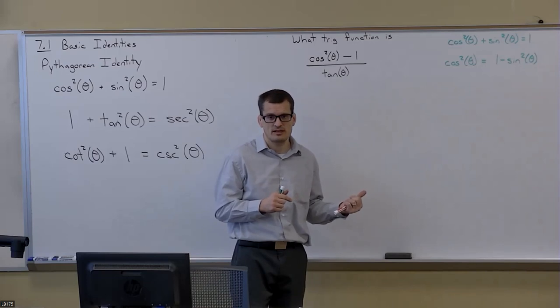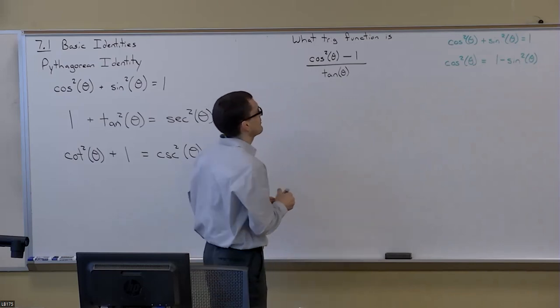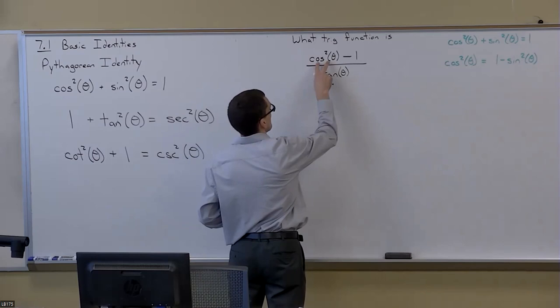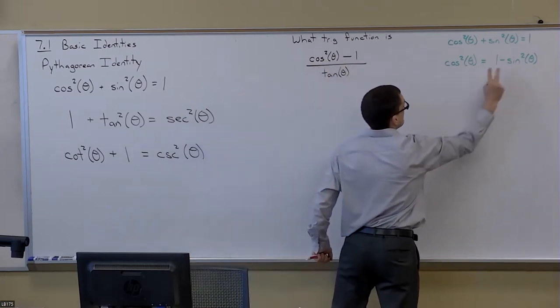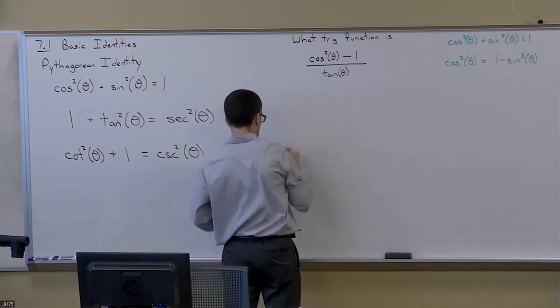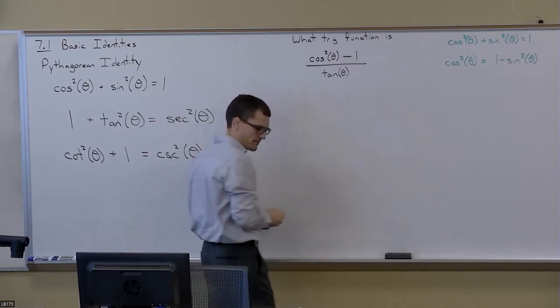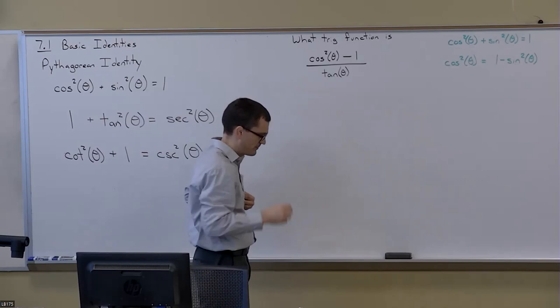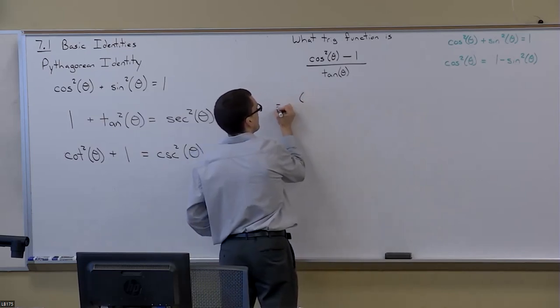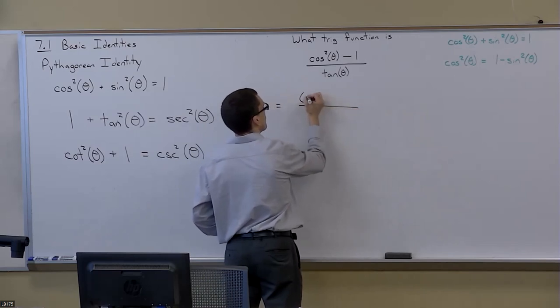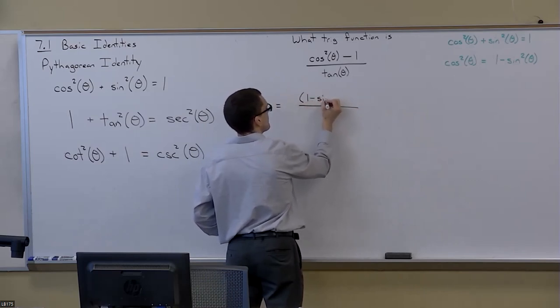Okay. So at this point, I'm going to do a substitution of cosine squared. I'm going to replace cosine squared with 1 minus sine squared.